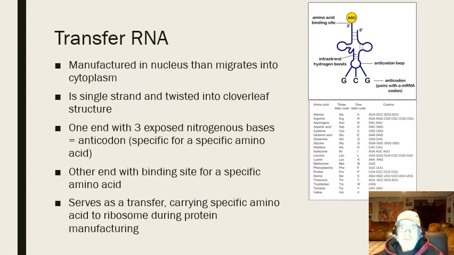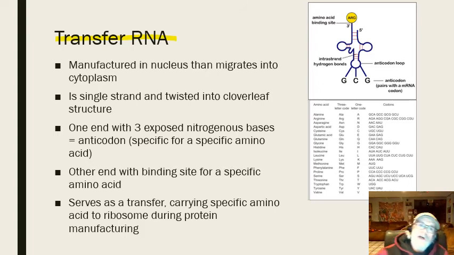Now comes in my third factor, and this is what we call tRNA, or transfer RNA. So now along my rRNA, I have my messenger RNA with a specific codon, which is those 3 nitrogenous bases, sticking up.